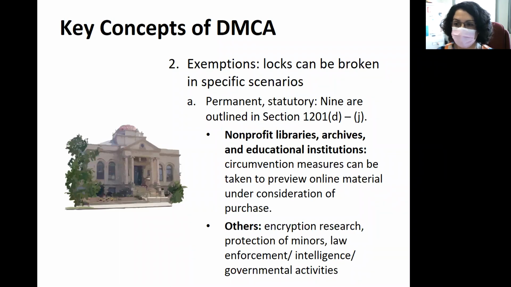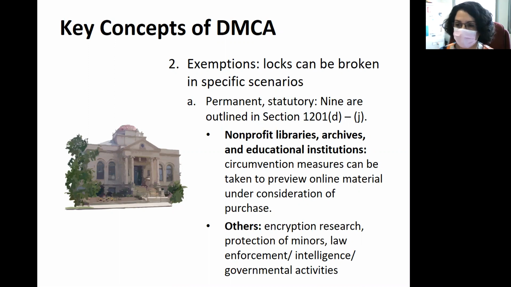So now it's pretty easy. The vendors seem to be pretty generous for the most part in giving us a trial or complimentary access so that we can evaluate if we want to purchase a subscription or purchase the product. So I don't know how applicable that is. However, the DMCA also does have some permanent statutory exemptions for other types of uses like encryption research. So let's just say a computer science student is learning about encryption algorithms and other methods.